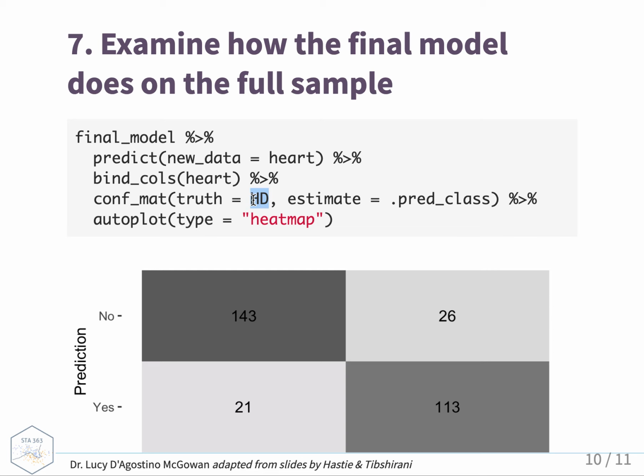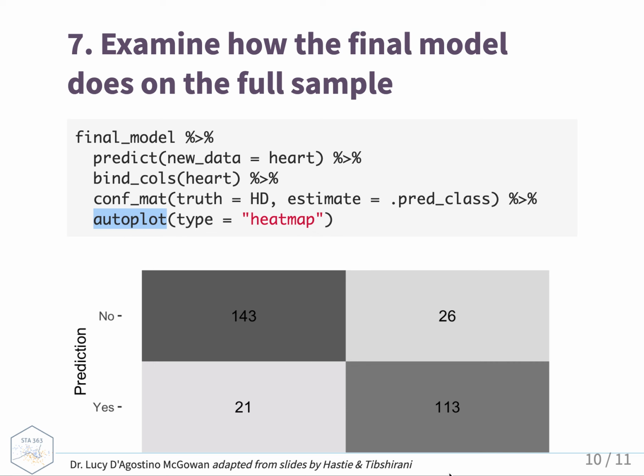The truth here is that heart disease variable, and my estimate is the predicted class from my original model. That's in here as .pred_class. And then if you recall from the beginning of the semester, we used this autoplot function to plot these confusion matrices. And so we can do that here.